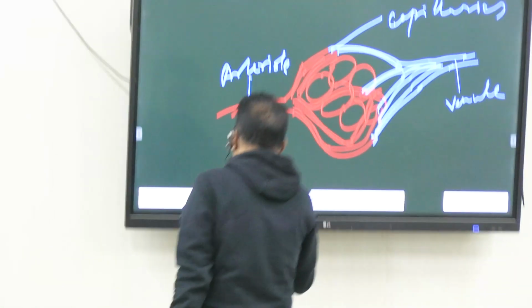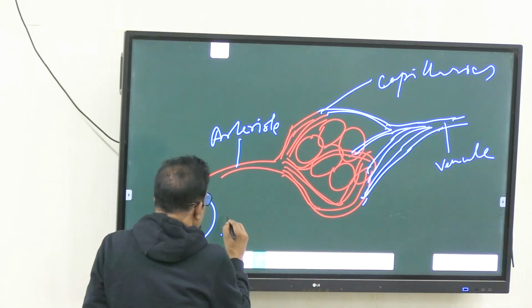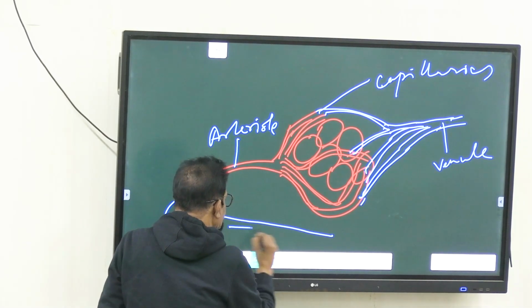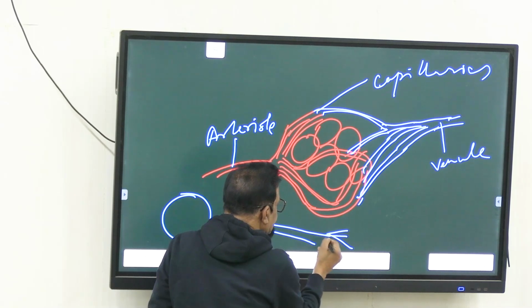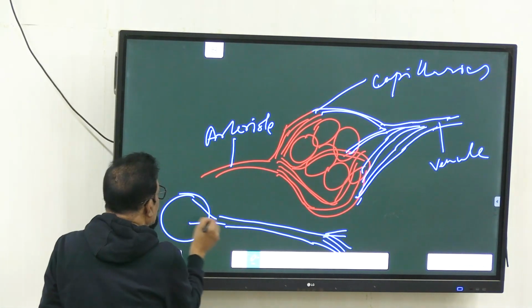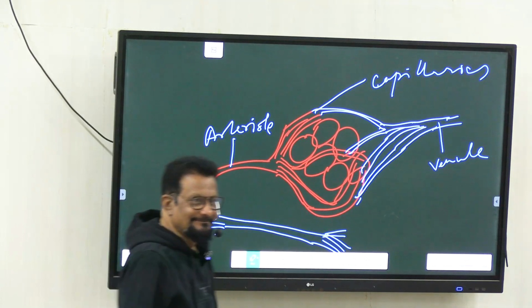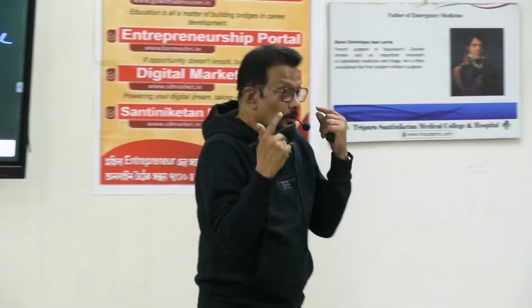But there are some organs where we will find some blood vessels that originate from capillaries and again end in capillaries.